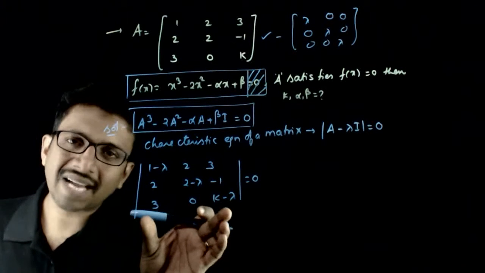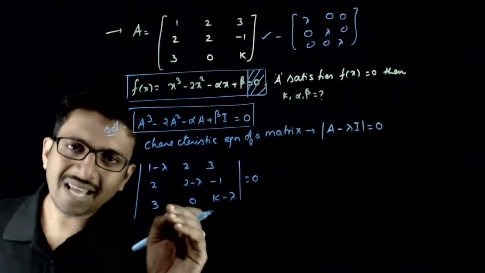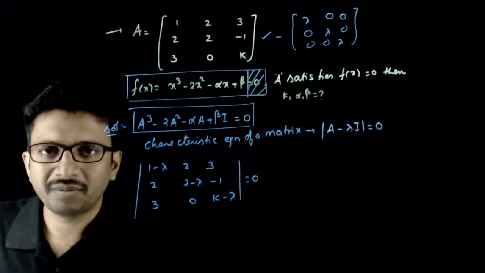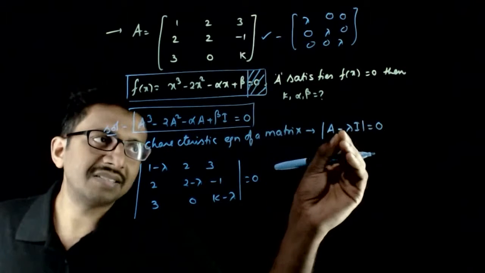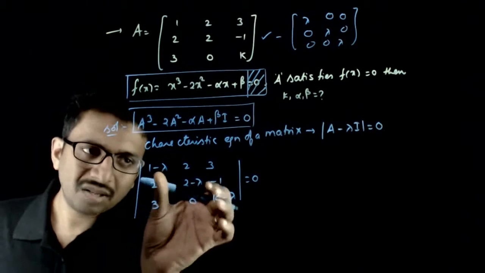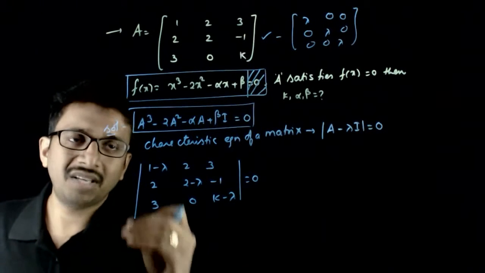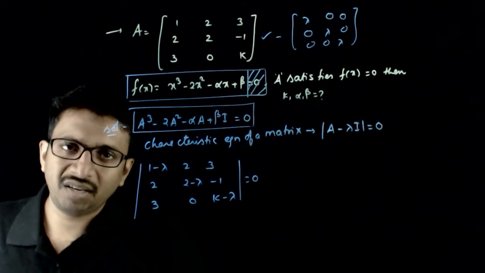Every matrix satisfies this equation. This will be a cubic equation in terms of lambda, and A satisfies that matrix polynomial. Some textbooks write it as det of A minus xI equal to 0. When you expand this determinant, you get a cubic in lambda, which is the characteristic equation of A.